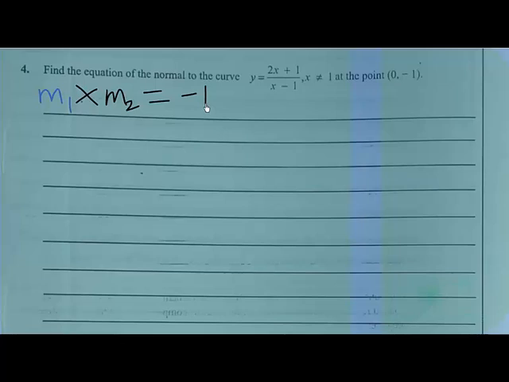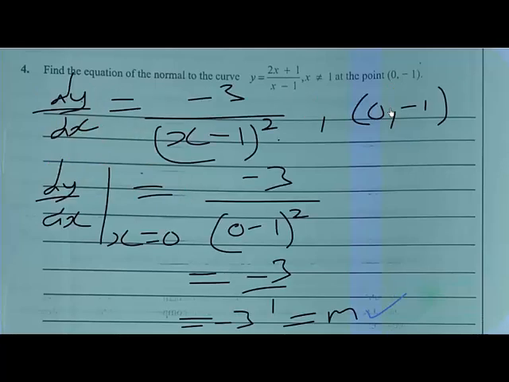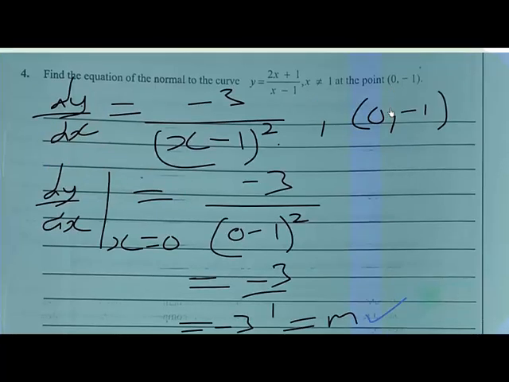So if the gradient of the tangent is -3, then m1 times -3 should be equal to -1. So dividing through by -3, we get m1 to be equal to -1 over -3. So we are assuming that m2 is the gradient of the tangent, which is -3 that we found here.